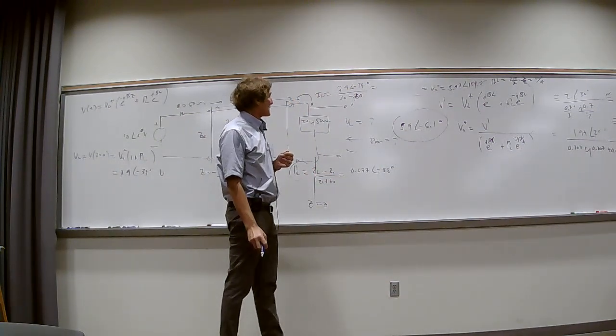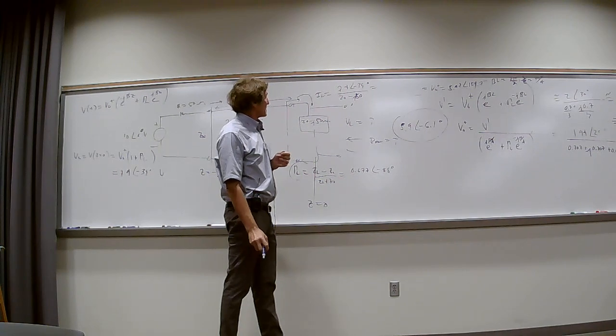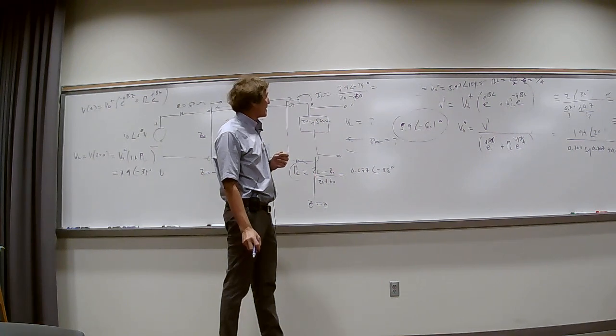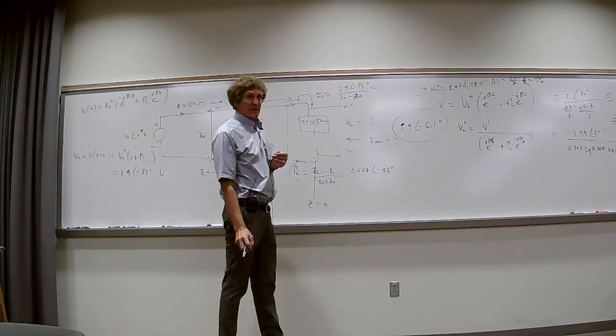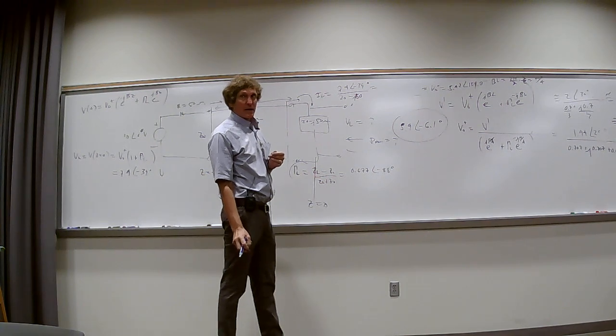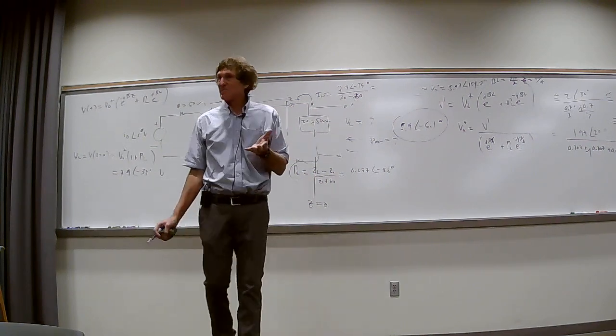It's going to be a little greater than 1, and the angle I'm not absolutely sure of. I think it's going to be a positive angle though. Anybody? Give it a shot, guys.